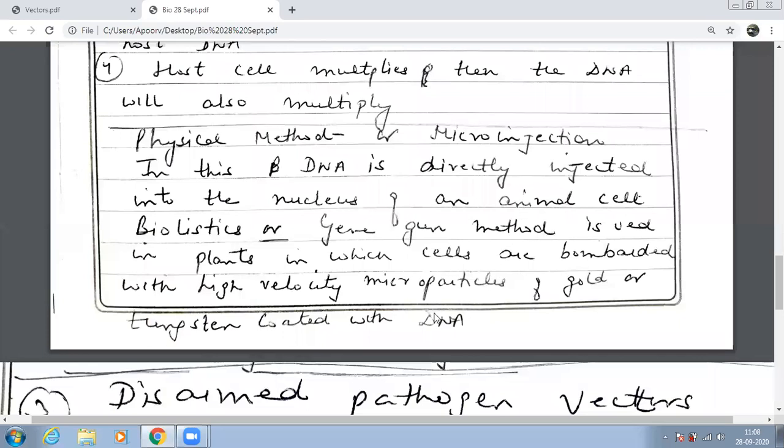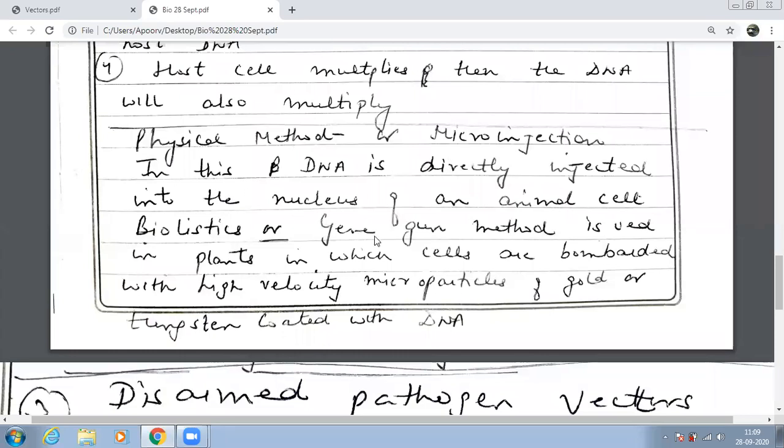But if you want to use a plant cell, we will not use the micro-injection method. We will use the method biolistics, or the other name is gene gun method. What is the other name of biolistics? Gene gun. So in animals, the physical method used is micro-injection.